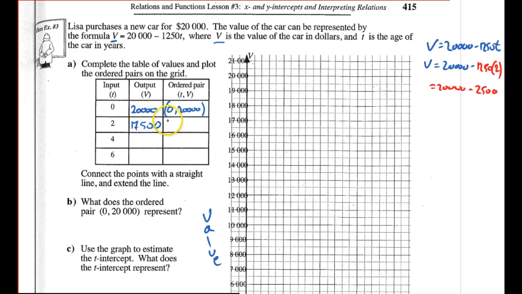I'm going to go ahead and fill up all of those so we don't have to spend a lot of time doing the easy math here. This one's 15,000. And this one is 12,500.